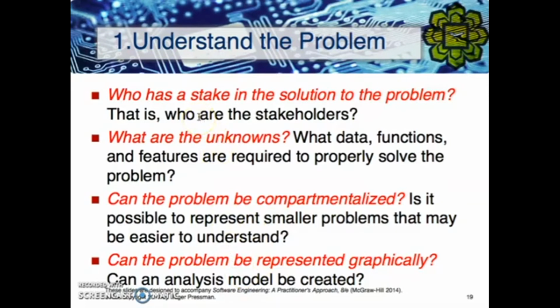For example, who has a stake in the solution to the problem? We need to have a clear answer to this, meaning that during the communication, we have to be clear who our stakeholders are. What are the unknowns? For example, what data, functions, and features are required to properly solve the problem? Things have to be clear.